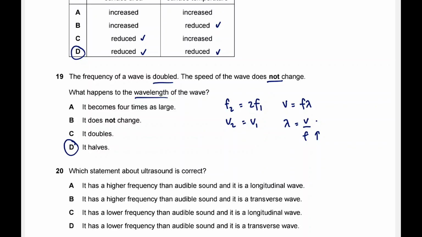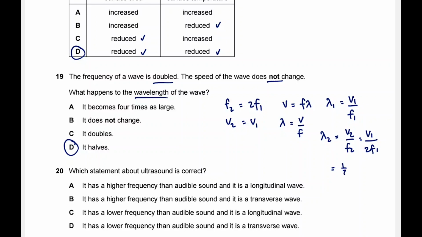It halves. Okay. If you're confused with the proportionality, perhaps I can show you a more detailed method. Wavelength is equal to V over F. Therefore, the first wavelength will be V1 by F1. The second one will be V2 by F2, in which V2 is equal to V1 and F2 is 2F1.